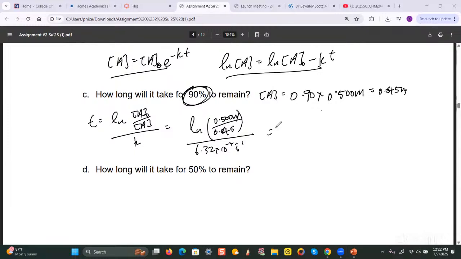So we do that calculation, 0.5 divided by 0.045, and then we find the natural log of that, and then divide by 6.32 times 10 to the minus 4. According to my calculation, when rounded off to 3 sig figs, this works out to be 167 seconds. All right? And that's how that is done.